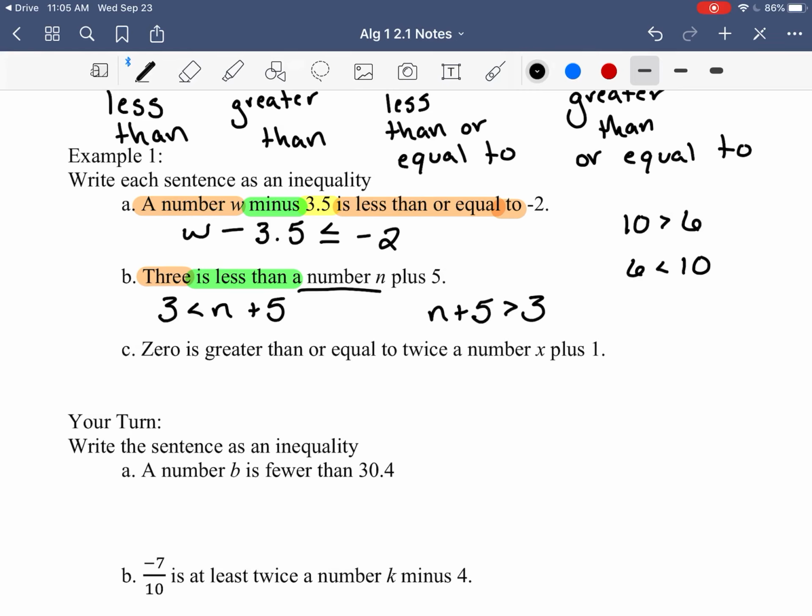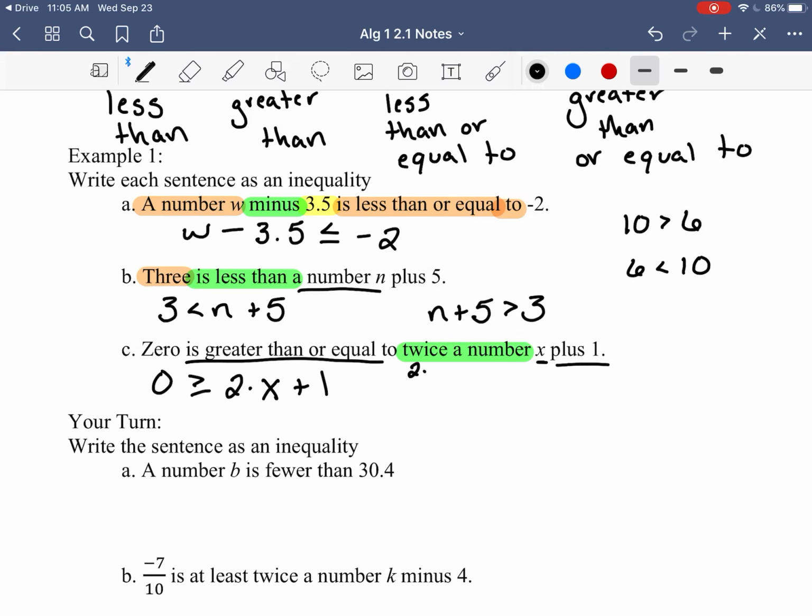All right, last one: 0 is greater than or equal to twice a number. Twice a number means multiplying by 2. They even give you the variable x. So I want to take 2 times x. So there's twice the number x plus 1.